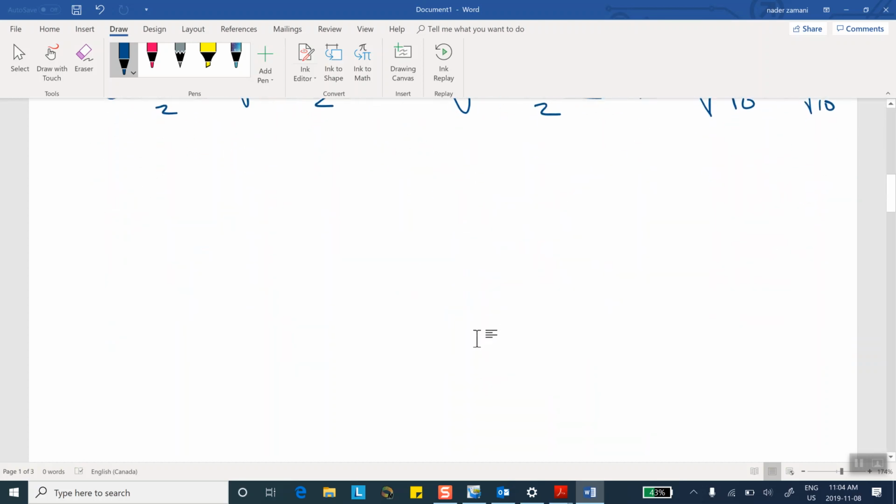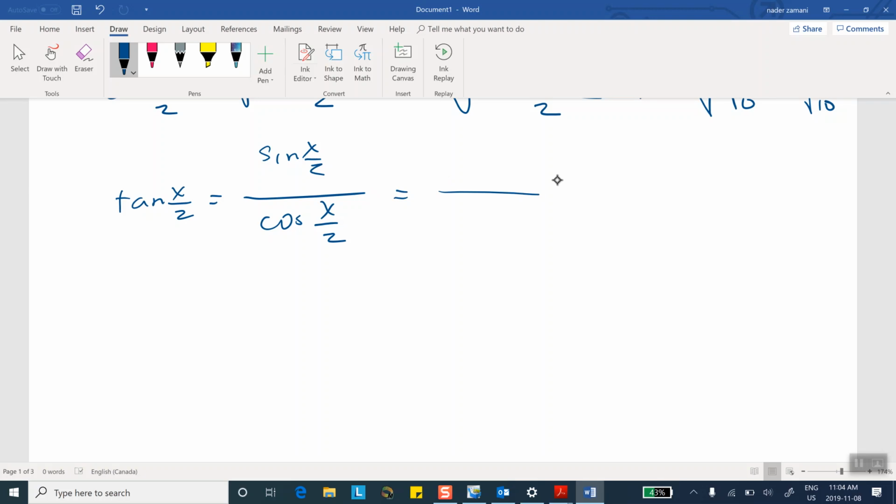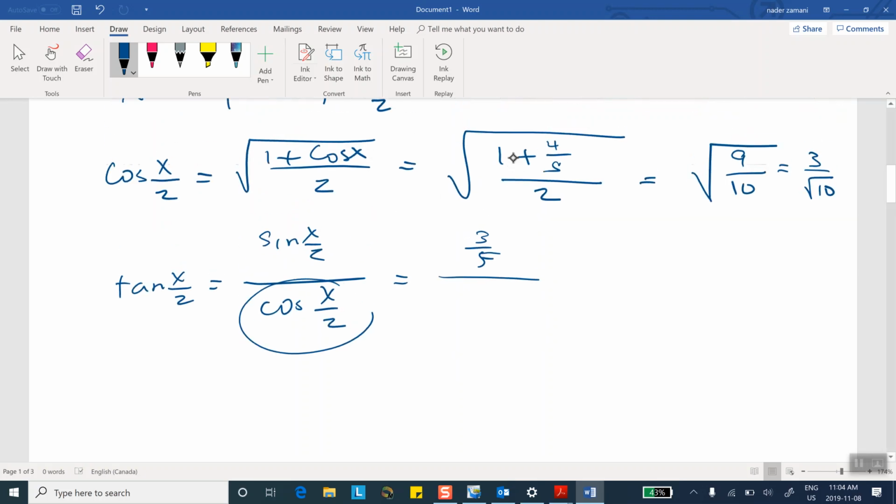Last one from this problem, still number 37: tangent of x over 2. This is no big deal. Tangent of x over 2 is sine of x over 2 divided by cosine of x over 2, and we can just plug in the values that we got.